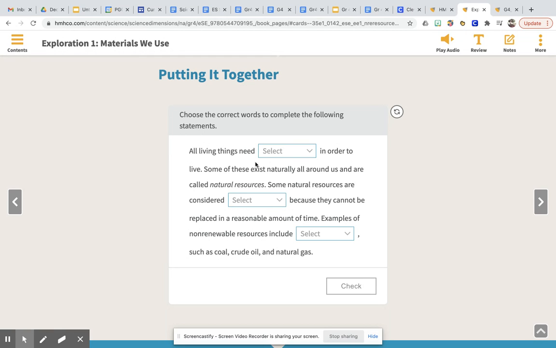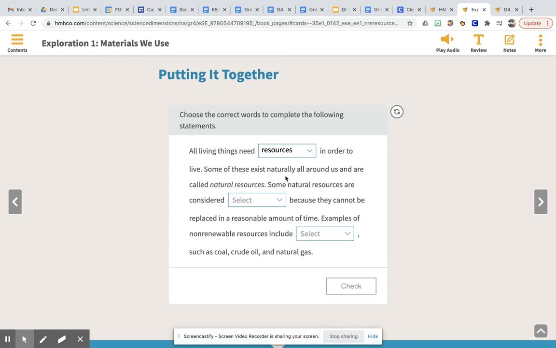It says all living things need, and our choices are fossil fuels, resources, or generators, in order to live. What do all living things need in order to live? What do you think the answer is? All living things need resources in order to live.